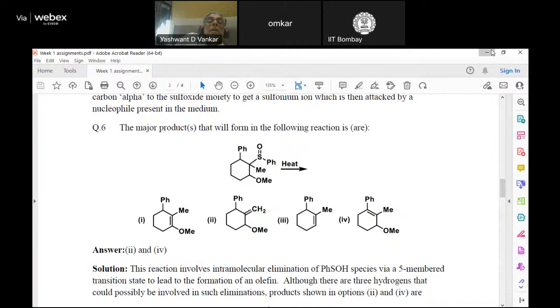Well, let me explain that the questions would be mechanism based. There can be any question, but there can be mechanism based questions. So all the mechanisms have to be properly understood. Then generally the questions will be based on stereochemistry or stereoselectivity or any selectivity in general.